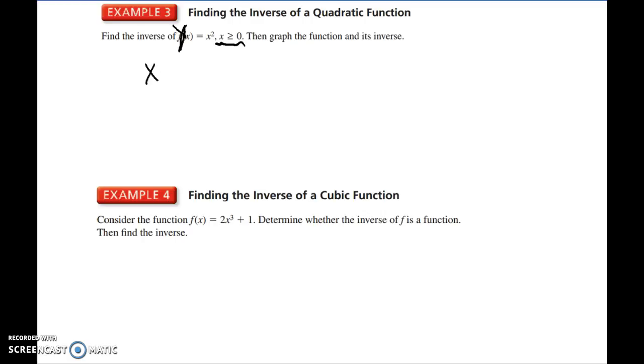So I have x equals y squared, and then we want to take the square root of both sides. So remember, plus or minus square root of x equals y. And that's going to be our inverse function. So we'll say plus or minus the square root of x is going to equal the inverse. We'll call it g of x.